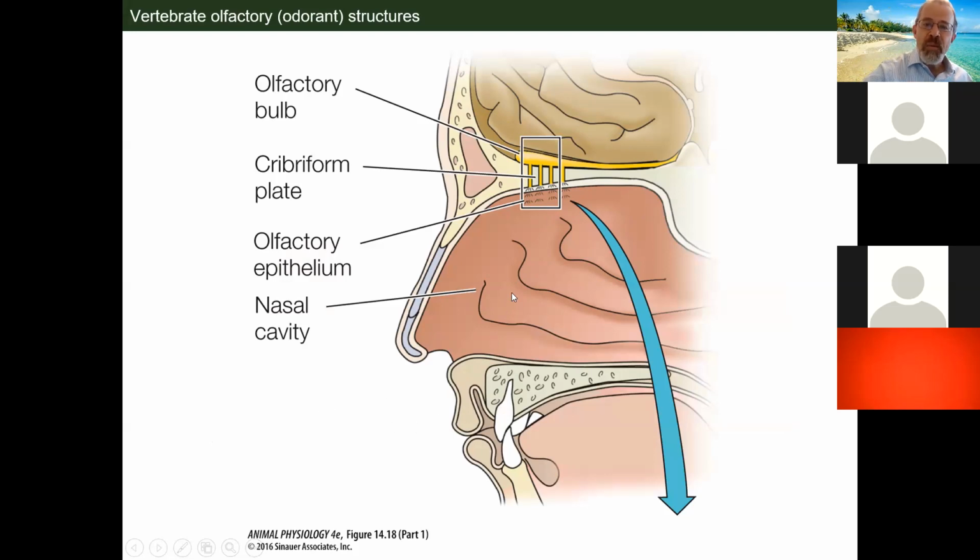And when something is brought in, when you smell something, this will activate or trigger these receptors that will send a signal to the olfactory bulb in the brain, and it'll be interpreted. Is this a pleasant smell? Is this like a nice juicy steak? Or is it something that's not very pleasant? So let's zoom in up close.